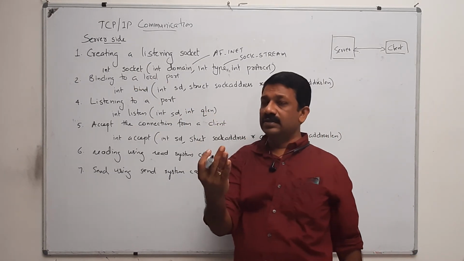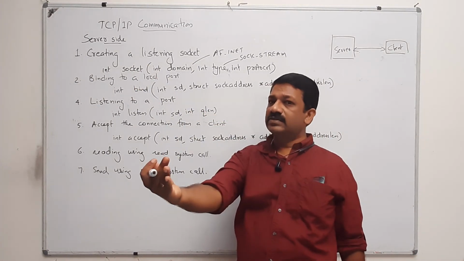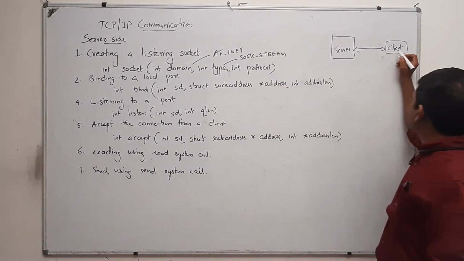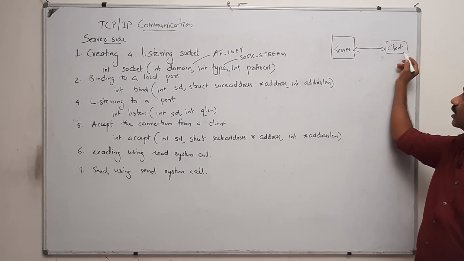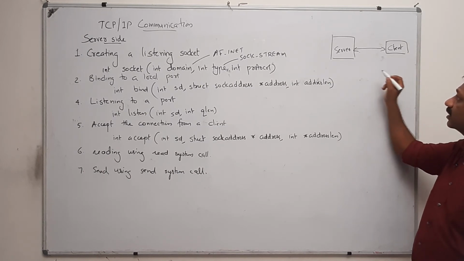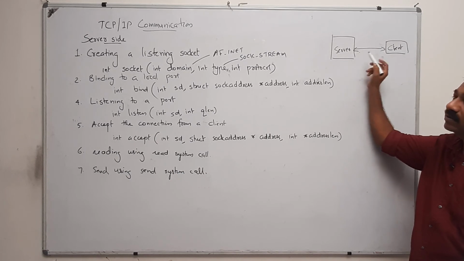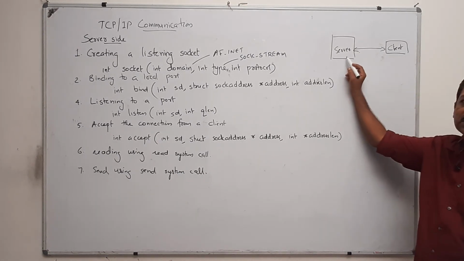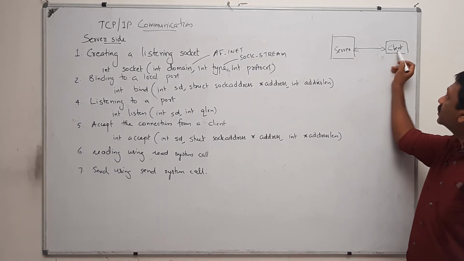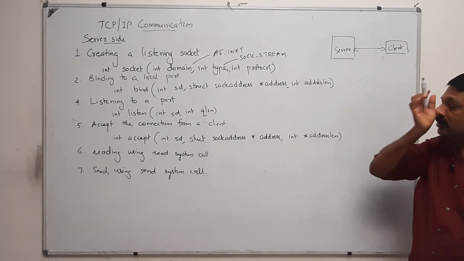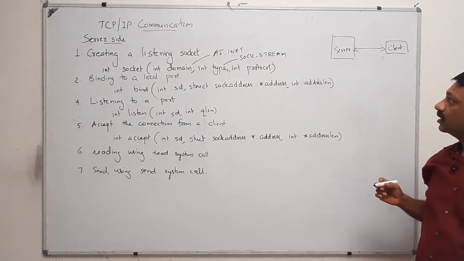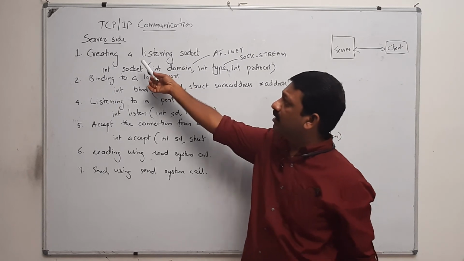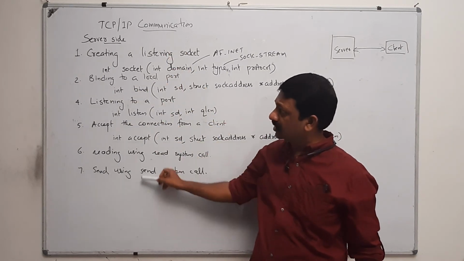Listening socket in the sense it is always listening to requests from the clients. The connection is initiated by a client. That means a number of clients are there. The server does not know the address of these clients, but these clients know the server IP address, and this client is connecting to the server.